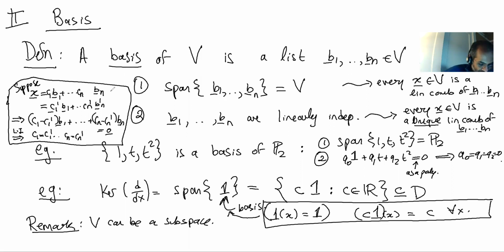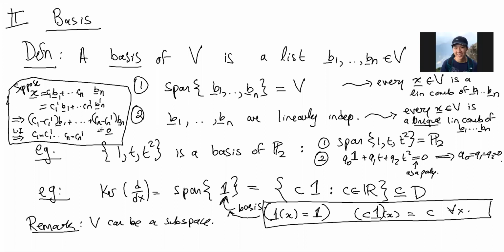And then c1 prime b1 plus c2 prime b2, etc., all the way to cn prime bn is another way. Now, by rearranging, that means c1 minus c1 prime times b1 plus all the way to cn minus cn prime times bn is equal to 0. Is that step okay?